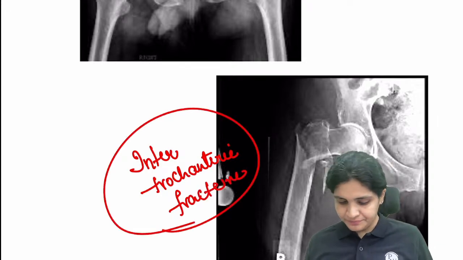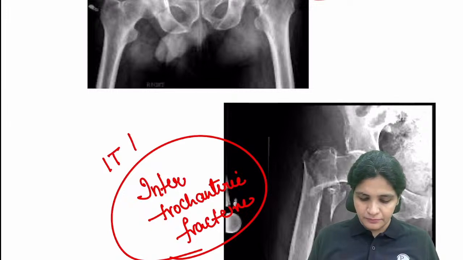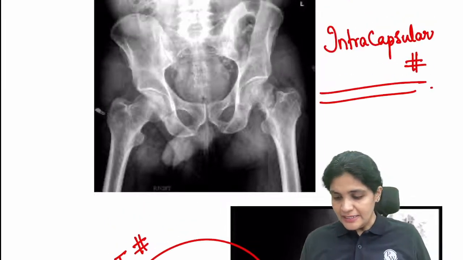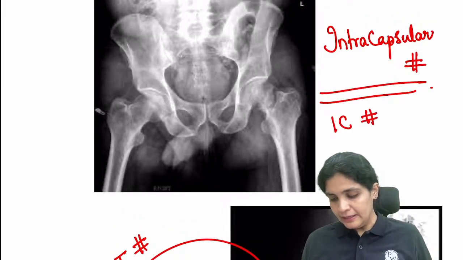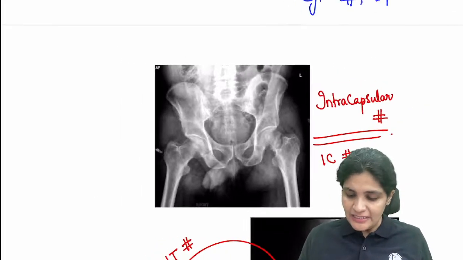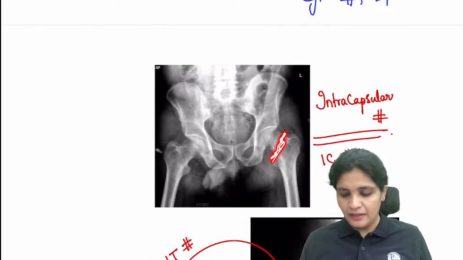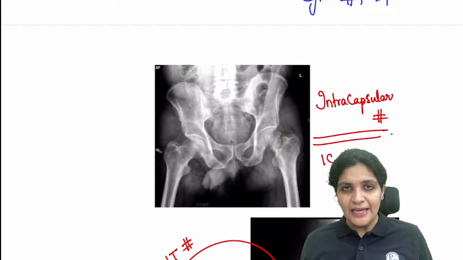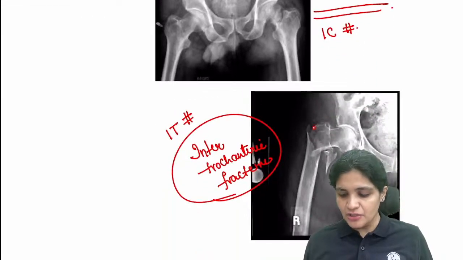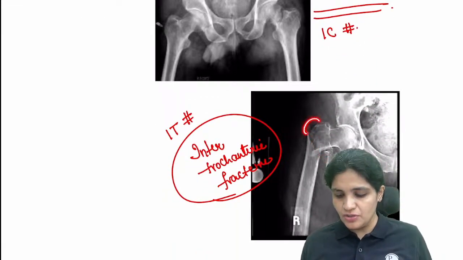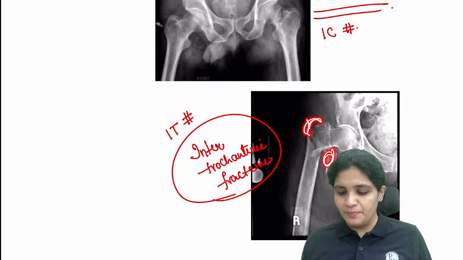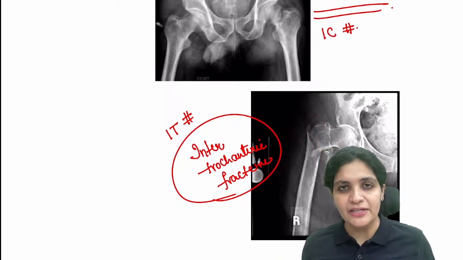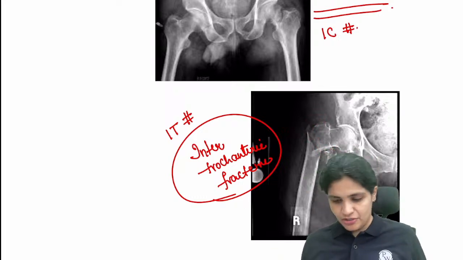IT fracture. So this is IC and this is IT. So if you see IC fracture, this is through the neck. So this is through the neck, right? IC fracture is through the neck, and IT fracture you see between the two trochanters. So your GT and this is your LT. So fracture between GT and LT is your intertrochanteric fracture, right?